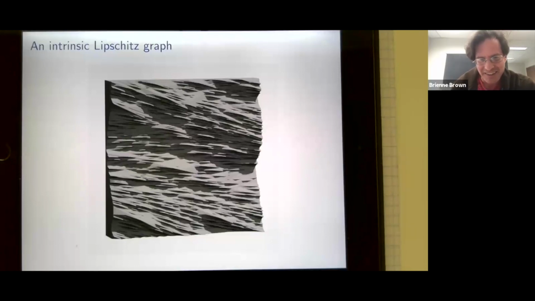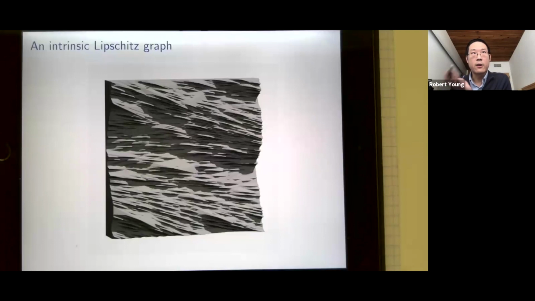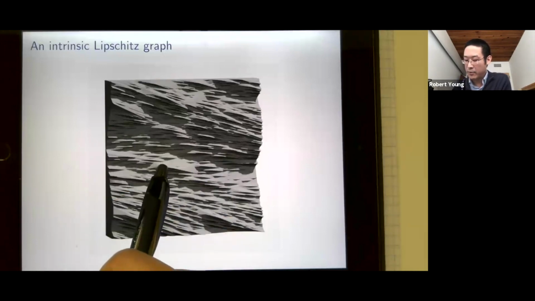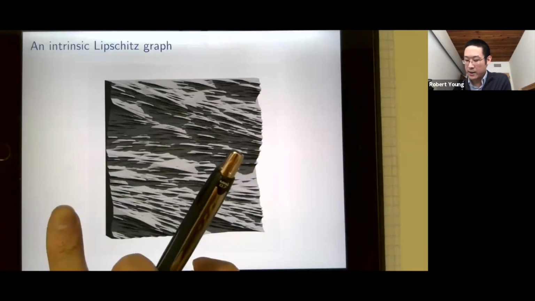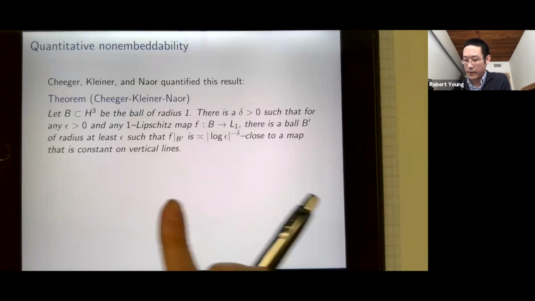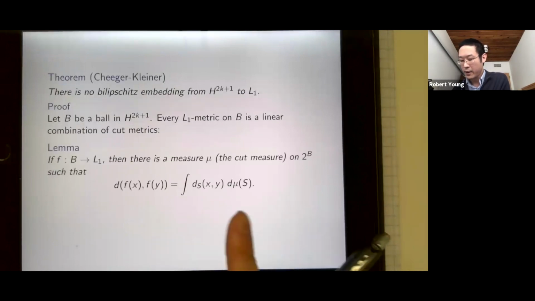I have not. I gave a related talk on this on Friday, and someone asked me similar questions at that talk too. I haven't really thought about what happens in other Carnot groups. My guess would be, the really important thing about the 3-dimensional Heisenberg group here is that we've seen these pictures with this foliation by red and blue lines.